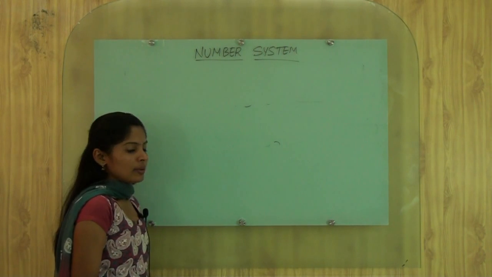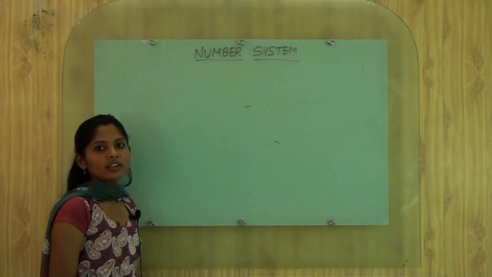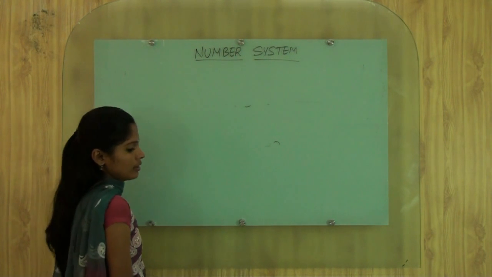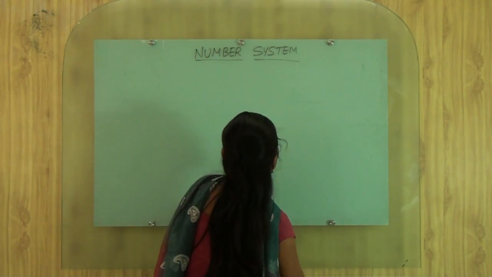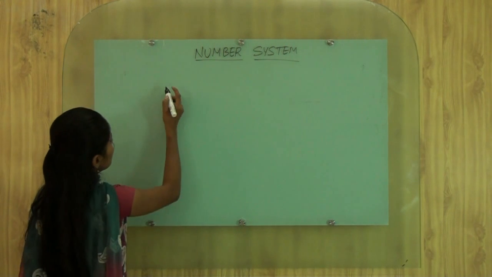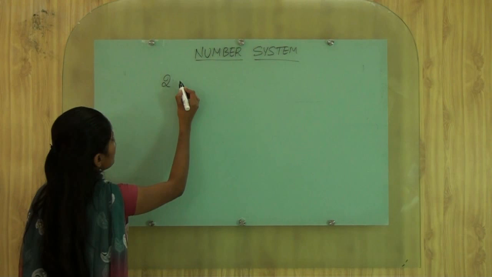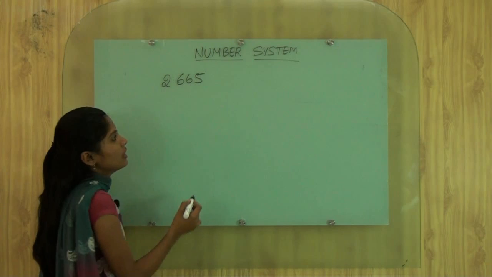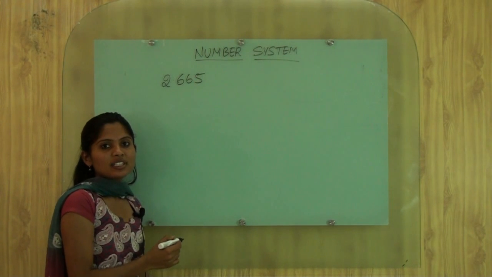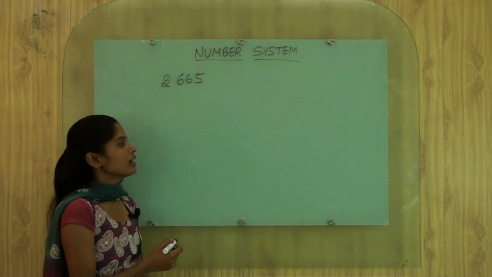Next is representation of real numbers on a number line. Let's take one real number, 2.665. This is a real number. Let's represent it on a number line.